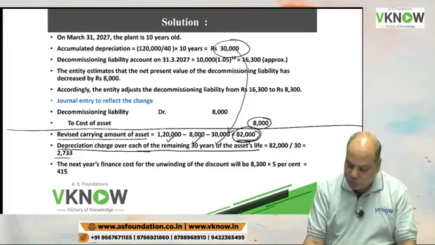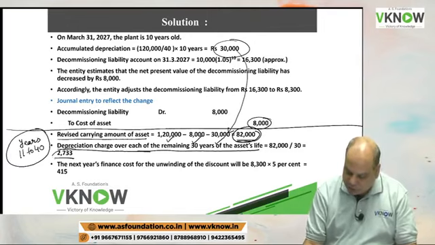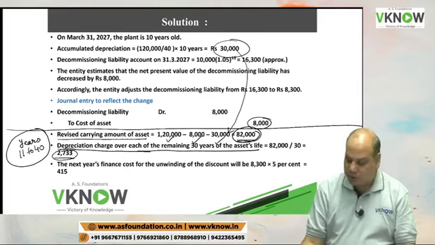So this would be your depreciation. For years 11 to 40, the annual depreciation charge will be 2,733.